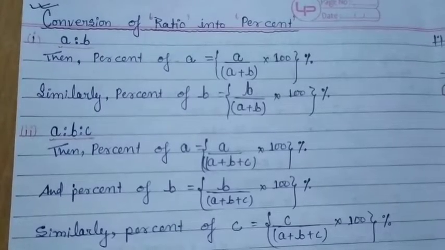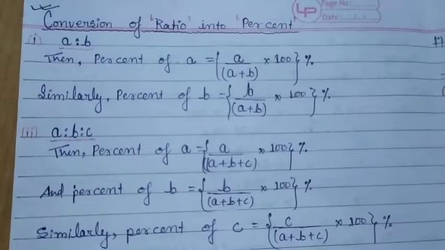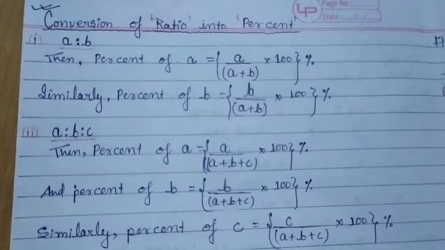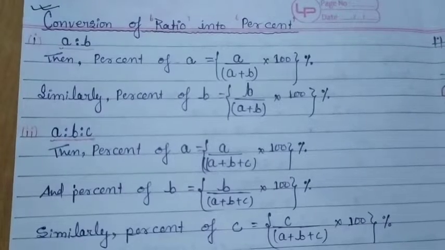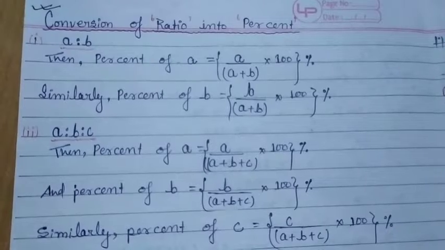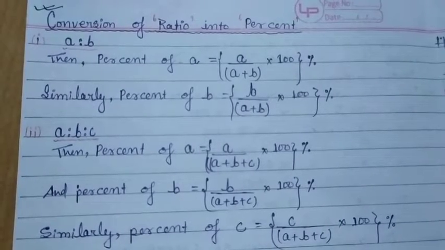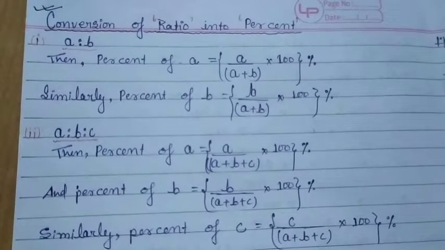Recall the method of converting a ratio into values, complete values. Just like that, if we are asked to convert a given ratio into percent, we have to do it like this.